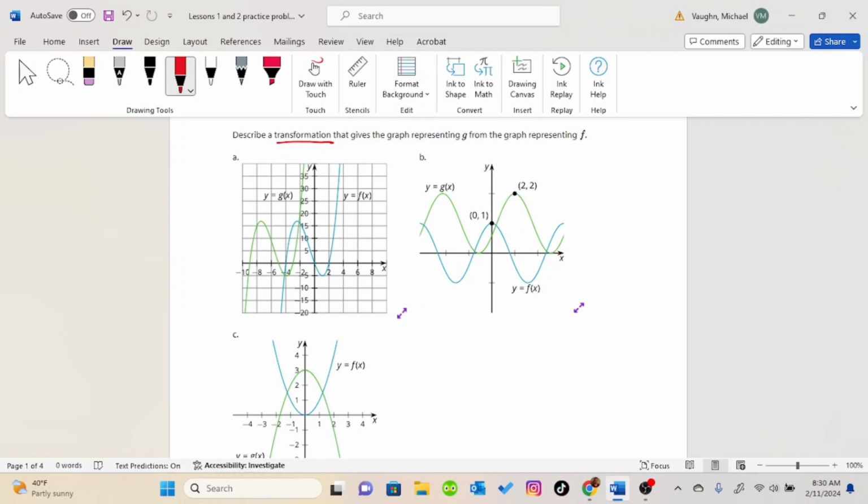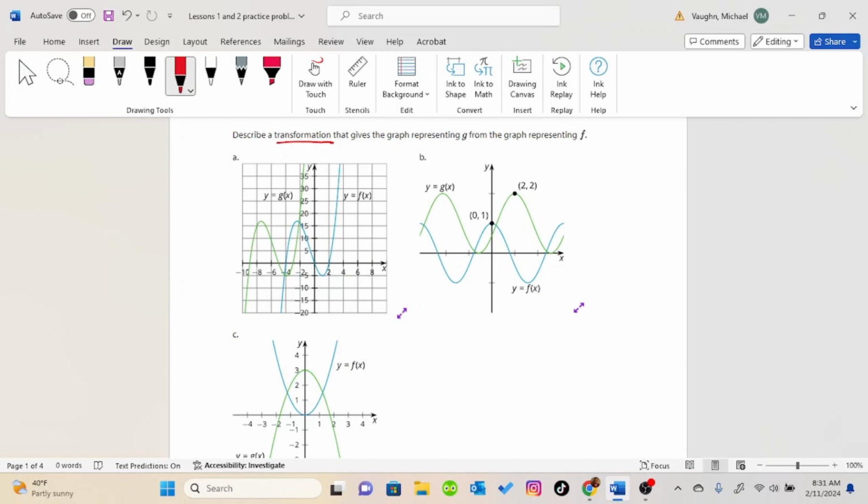Did we move it left to right? Did we move it up or down? Did we reflect it or flip it upside down? Did we reflect it or flip it sideways? These are the types of movements that we're talking about.